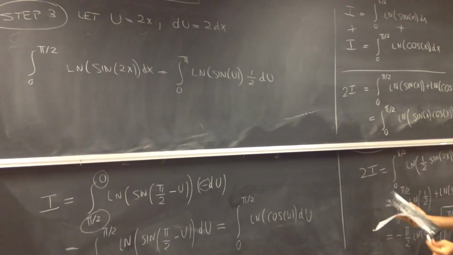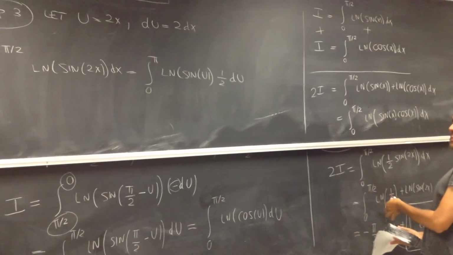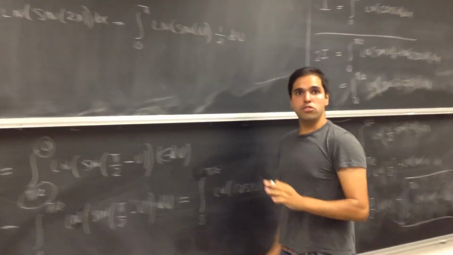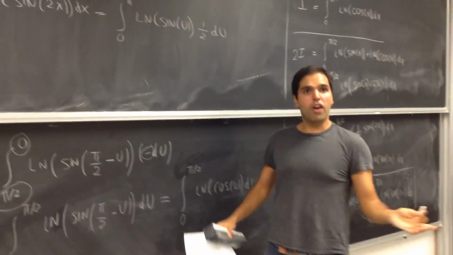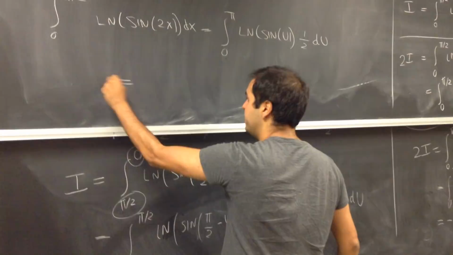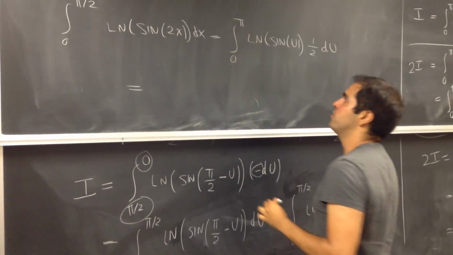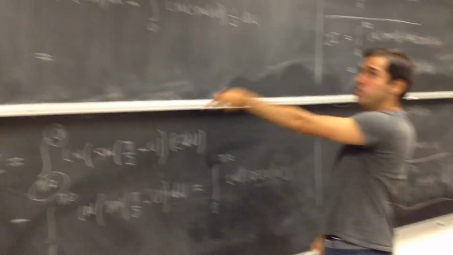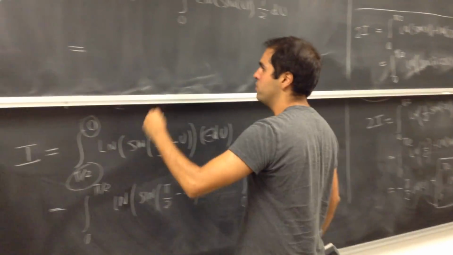Okay, not bad. This looks almost like what we want, except we have an integral from 0 to pi. No problem, let's just split it up. Let's do some mathematical surgery, because the integral from 0 to pi we can write as the integral from 0 to pi over 2, and the integral from pi over 2 to pi.